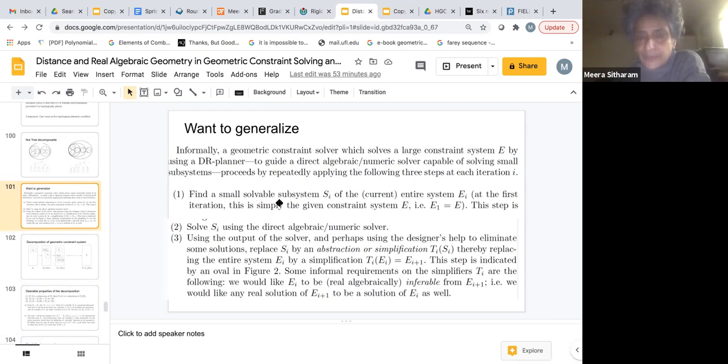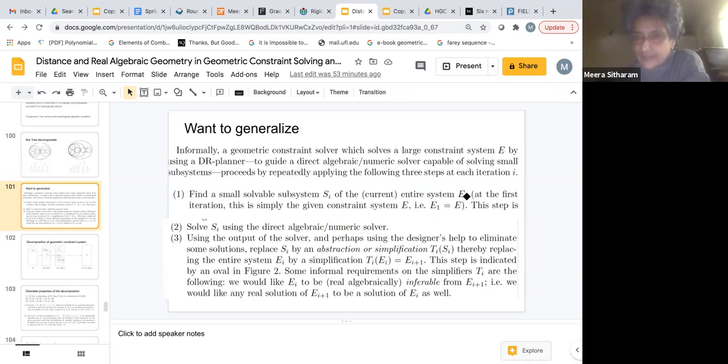So we want to pick something that has finitely many solutions, which means rigid, and then solve it, or replace it by a smaller subsystem, which I call a simplification Ti of Si, and replace it into the original system Ei.